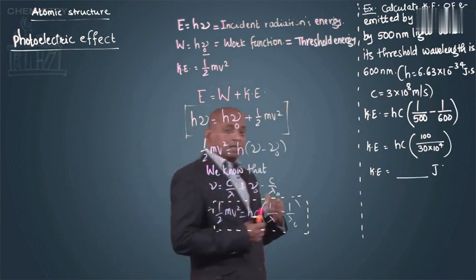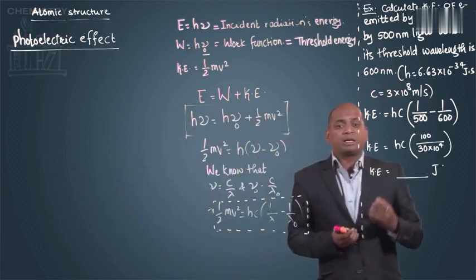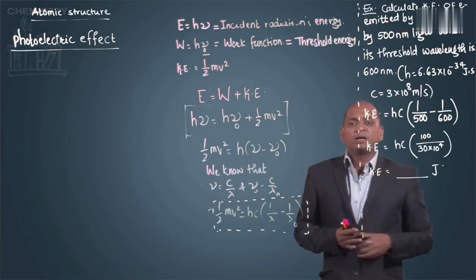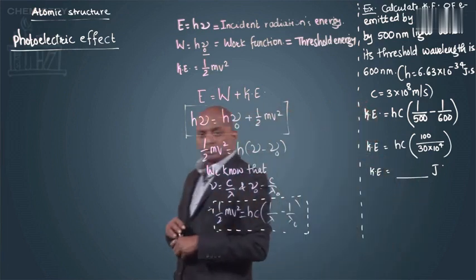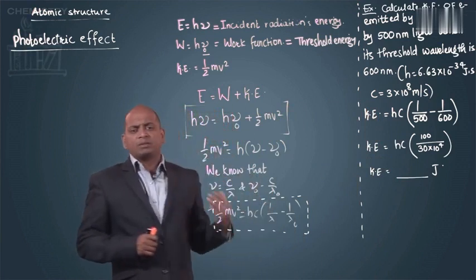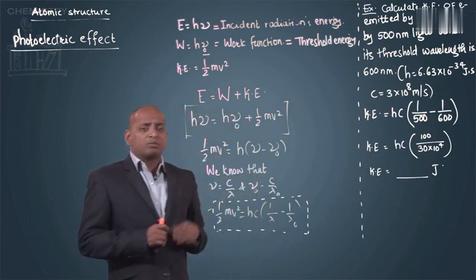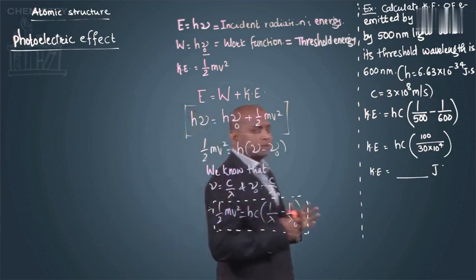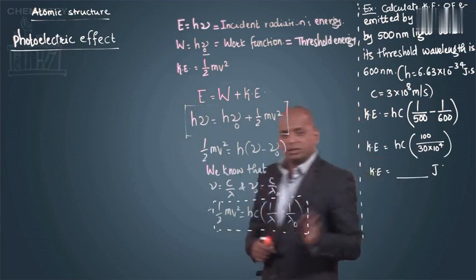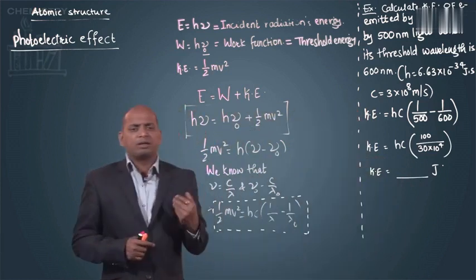They may ask you to calculate the kinetic energy if some of the things are missing. This way they can ask various combinations. Basically, you will be studying this approach in physics also. Many times problems based on this are there in physics. In chemistry, in this chapter, such problems are very few.